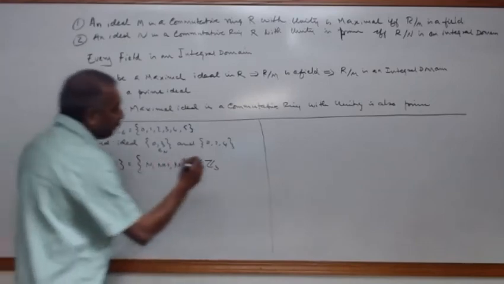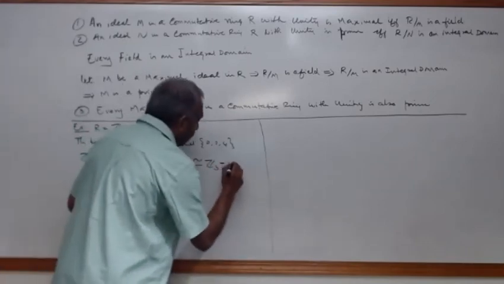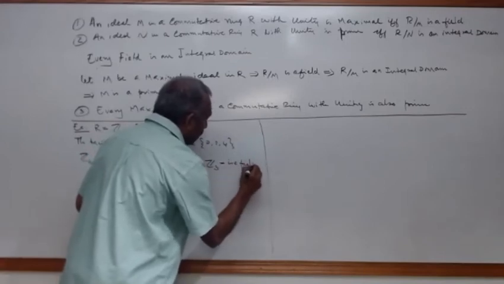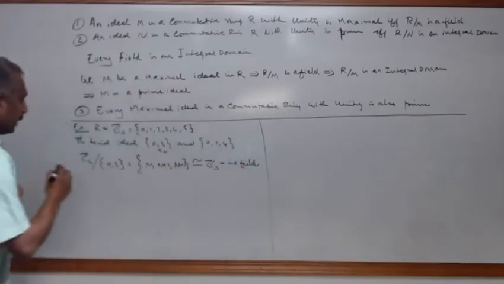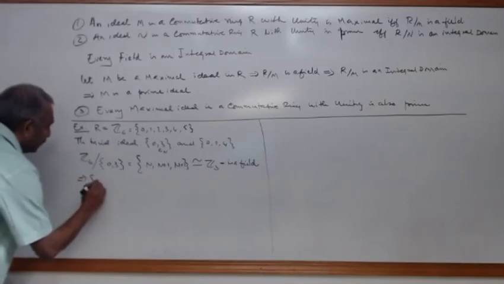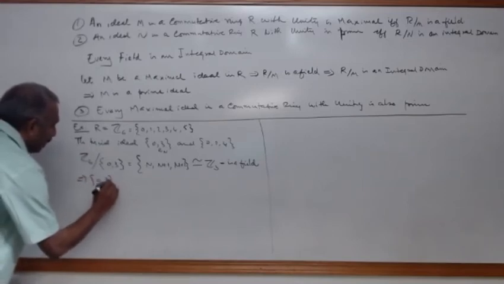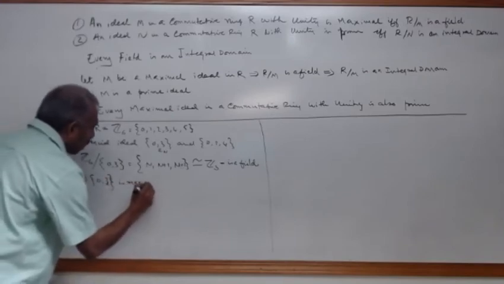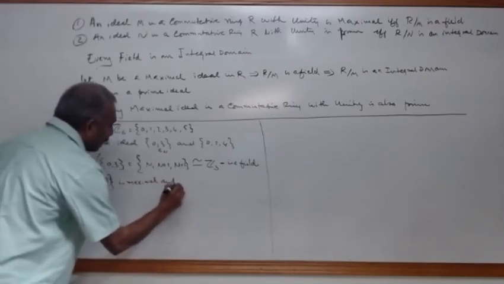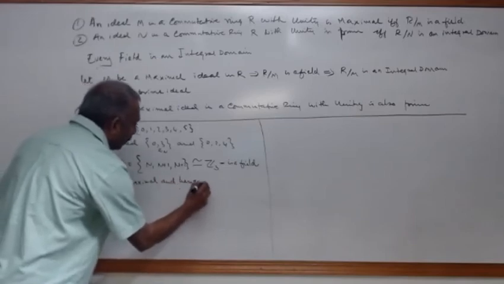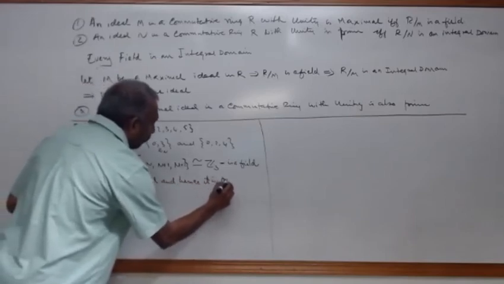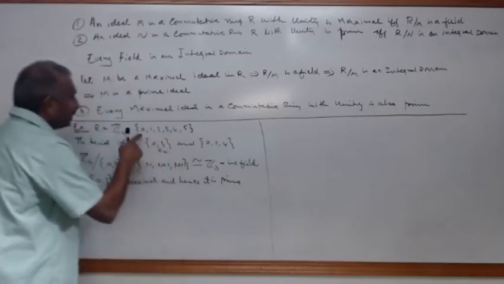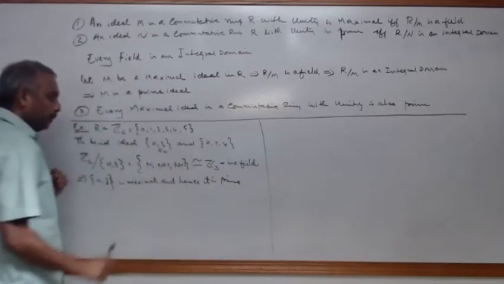And Z3 is a field. That means {0, 3} is maximal, and hence it is prime, because this is a commutative ring with unity.